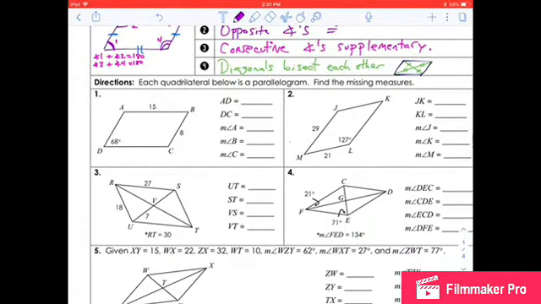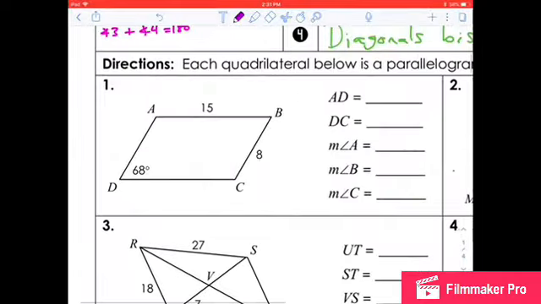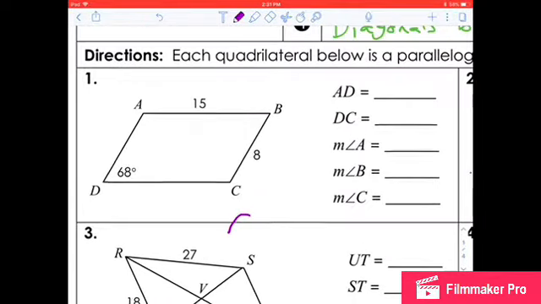Okay, so let's do some of these. Number 1 says this is 15 and this is 68 and this is 8. So right now I don't even need to pay attention to any of this. All I need to do right now is look at opposite sides. So this is 8 and this is 15 because opposite sides are congruent.